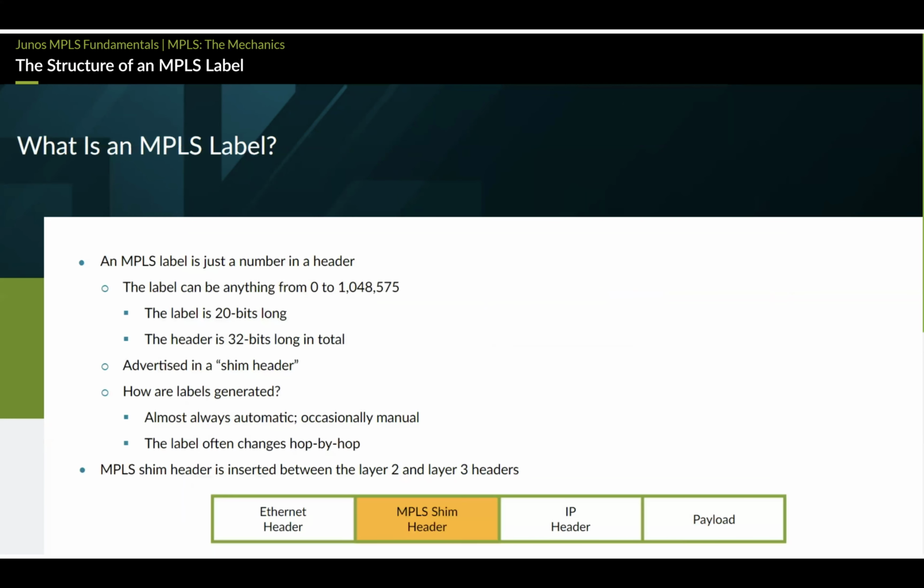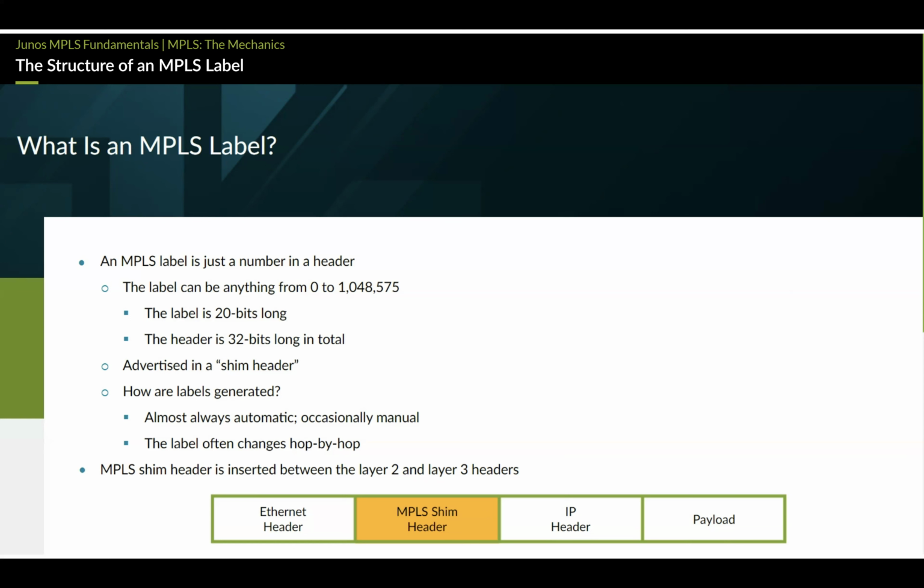So let's start. First, what is an MPLS label? This is the main key or signaling protocol which is running in the underlay, and we deploy MPLS L2 VPN and L3 VPN over this label.